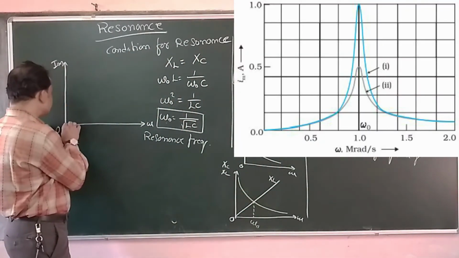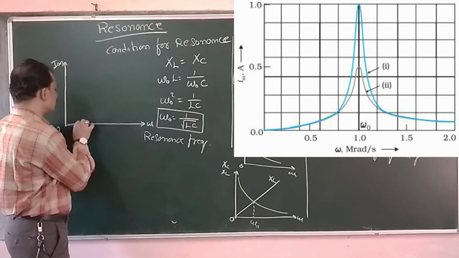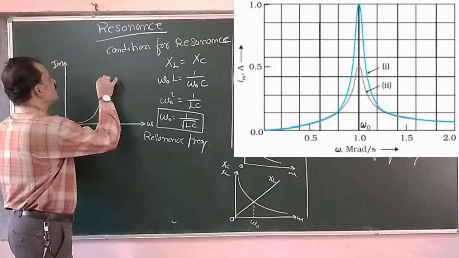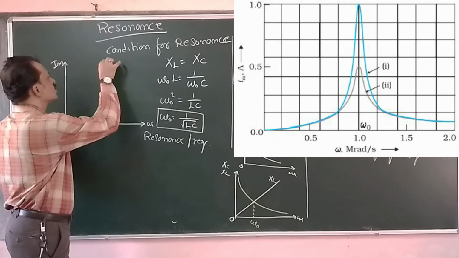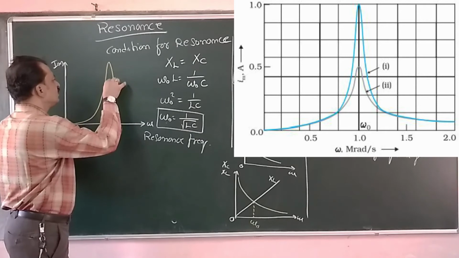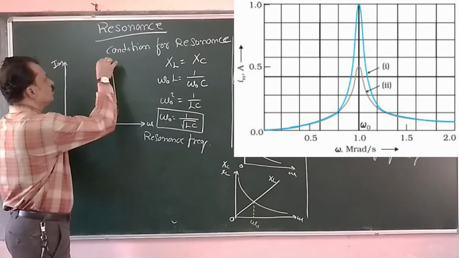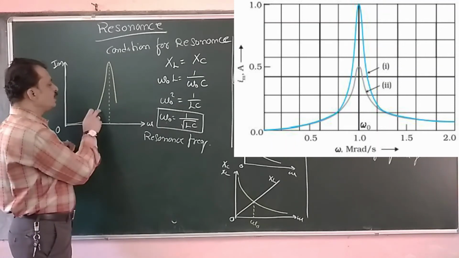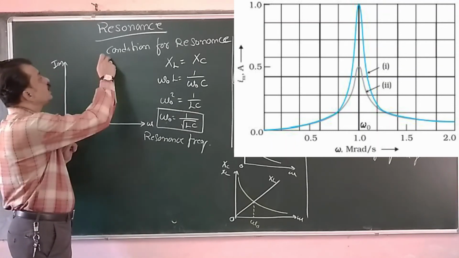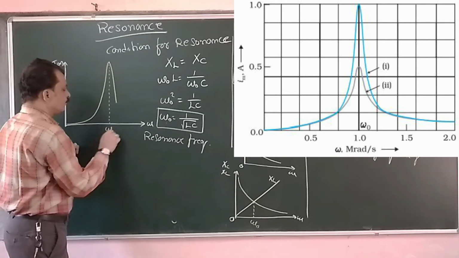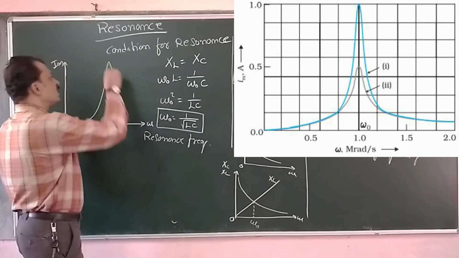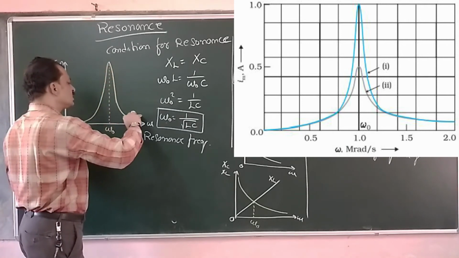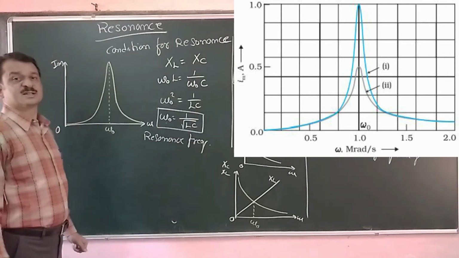Initially impedance is higher, therefore current is lower. As frequency increases, impedance decreases and current increases. At the resonant frequency, impedance becomes minimum and current becomes maximum. Above that frequency, impedance increases again, and obviously current decreases.